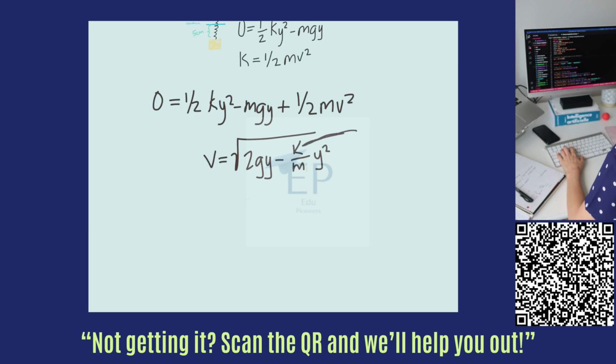We can change k into mass times gravity over our position, which then in turn ends up becoming, because this is divided by m, velocity equals the square root of 2gy minus g over x times y squared, where x is our amplitude.